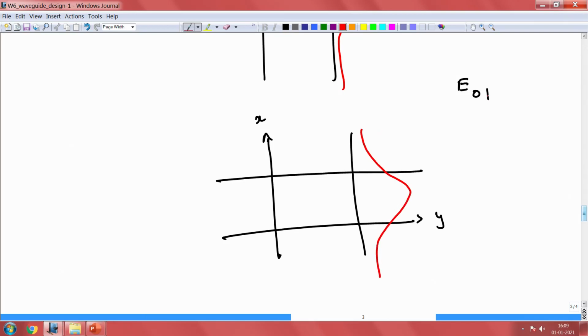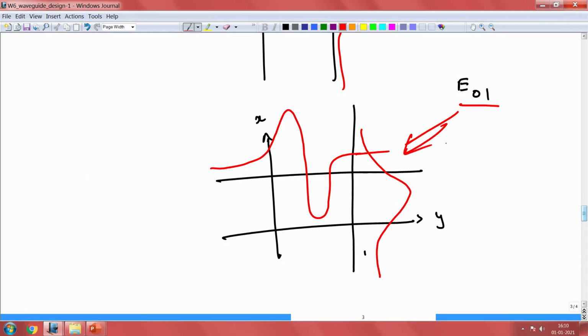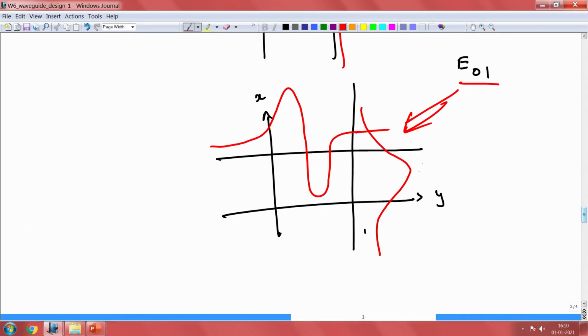So, along y direction you have 1 crossing. So, this is our E 0 1 mode, where along x direction we have 0 crossing. So, that is your 0 and this is your 1.